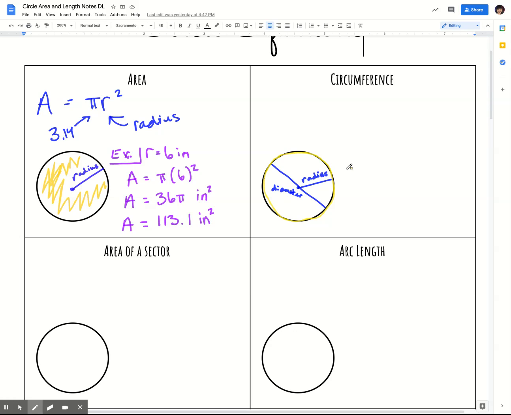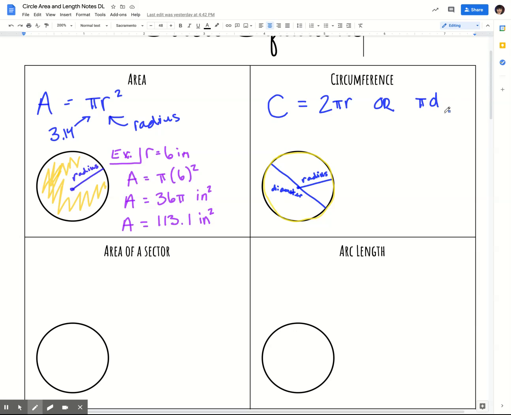Okay, and there are two formulas for circumference. Okay, but they get you the same thing. So the circumference, which we usually abbreviate with a big capital C, you can either find circumference by doing 2 pi times the radius, or pi times the diameter.